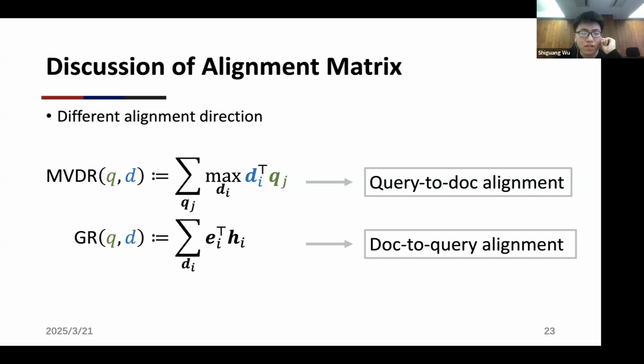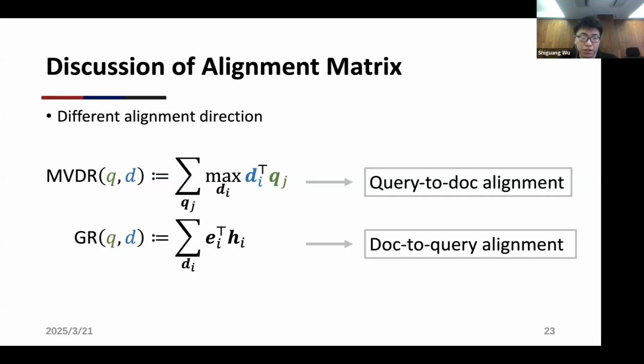We think the alignment matrix is quite important for the computation. The first thing we find is the difference in alignment direction, which means these two paradigms actually align in the opposite way. For MVDR, if we look at the summation variable, it sums the score over the query tokens, so we call it query-to-document alignment.